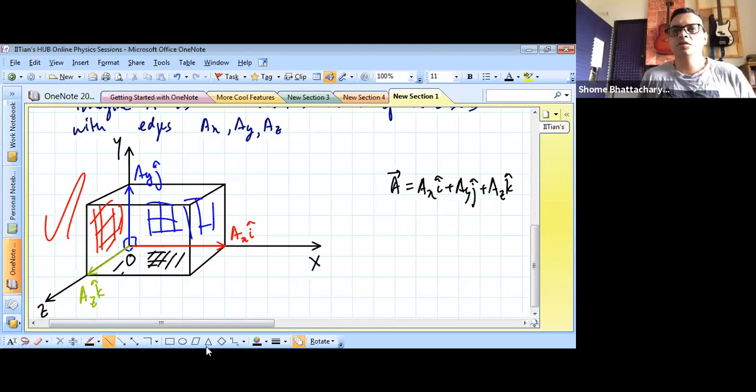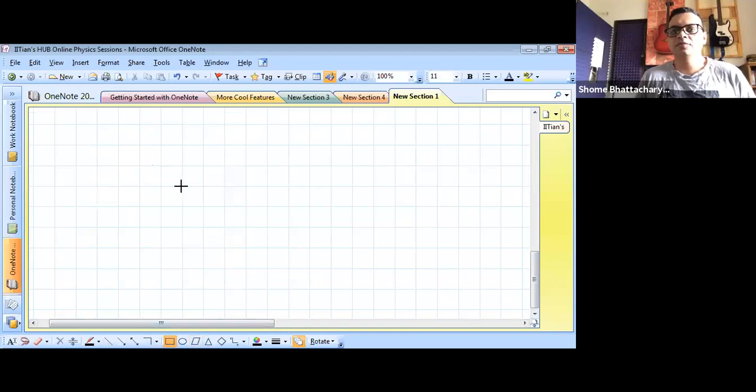Let's redraw this diagram and understand.